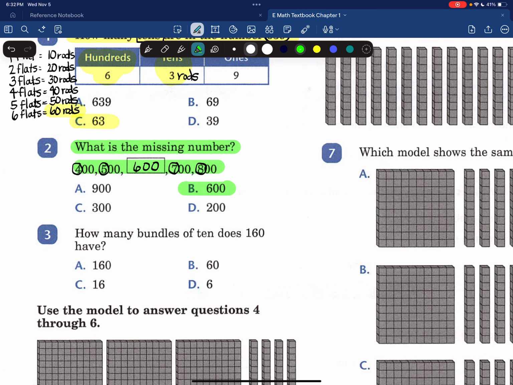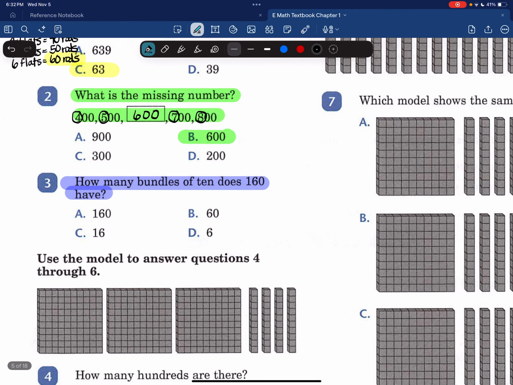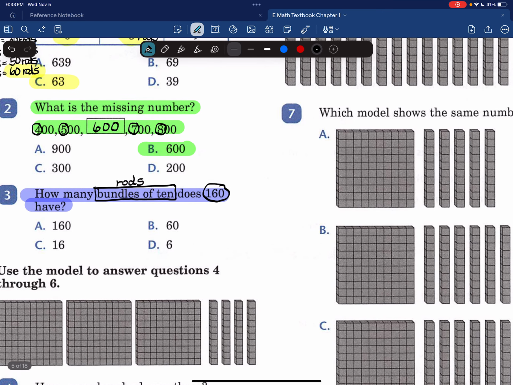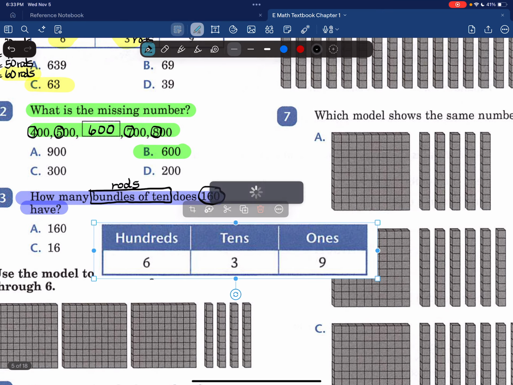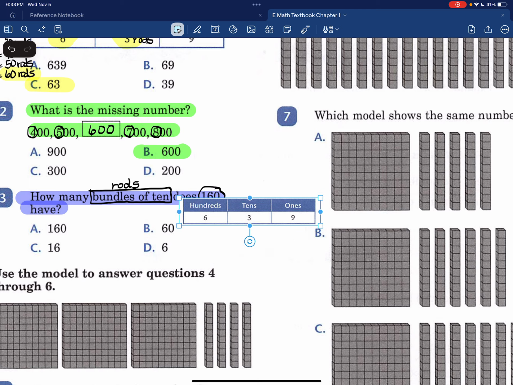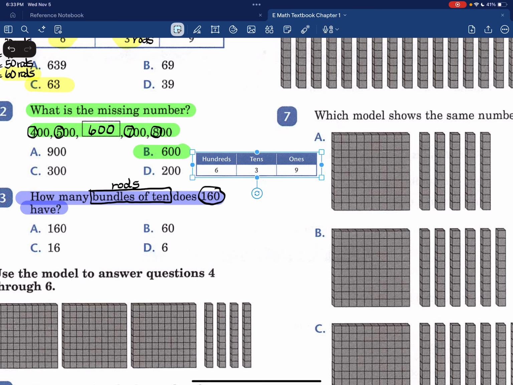Number 3. How many bundles of 10 does 160 have? So that's another way of asking how many, let's do this, bundles of 10. How many rods does 160 have? So I'm going to use that place value chart, if you will humor me for just a minute, because I have to do some whiting out here.